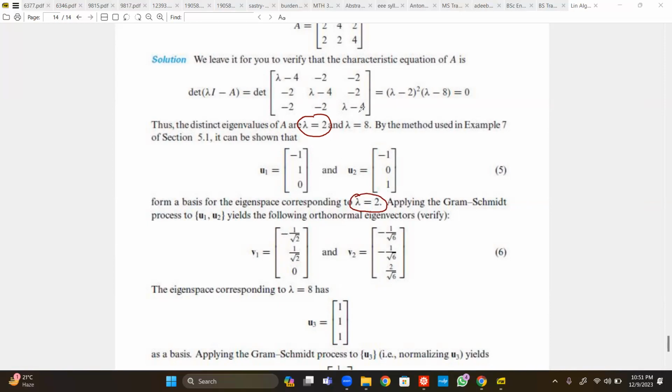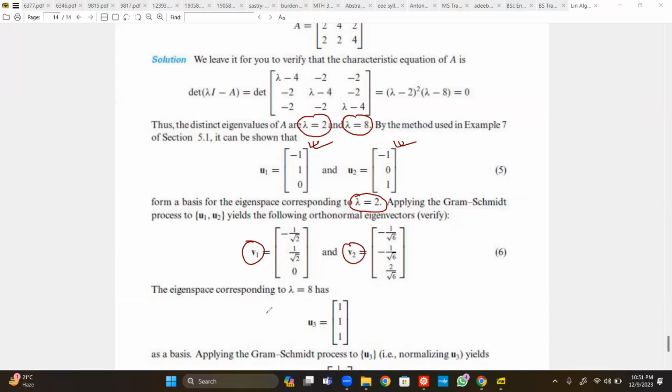So we can understand that while finding the eigenvectors, the eigenspace was found to have dimension 2. So we were able to find two linearly independent eigenvectors. But before finding the eigenvector or eigenspace corresponding to lambda equals 8, apply Gram-Schmidt on U1 and U2. And after applying Gram-Schmidt on U1 and U2, you get V1 and V2.